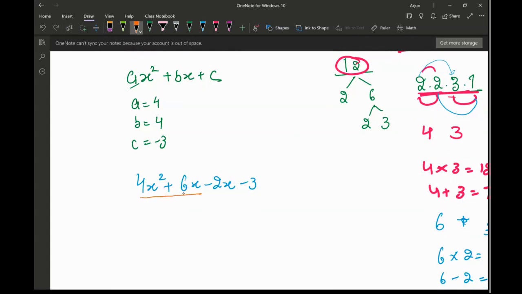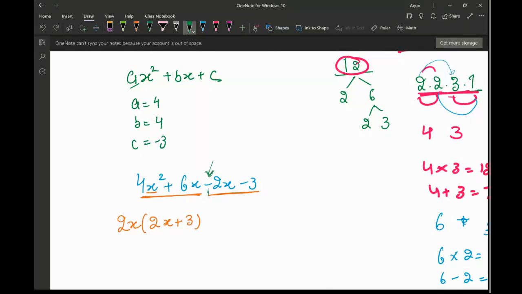I'll take these two terms and find the common factors. So 2 will be out, and then another x will be out. Left over is 2x plus 3. And here, if I cannot take anything out, I will take the negative 1 out. Why? Because there is a negative in front.